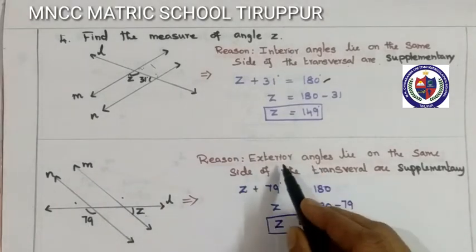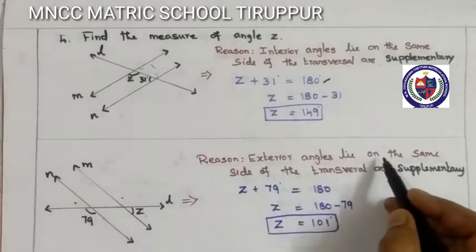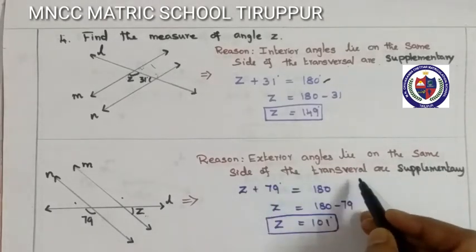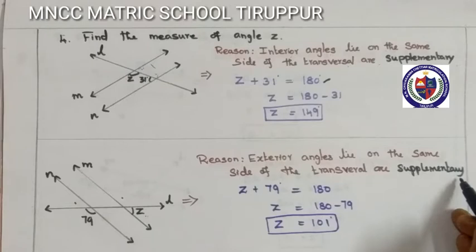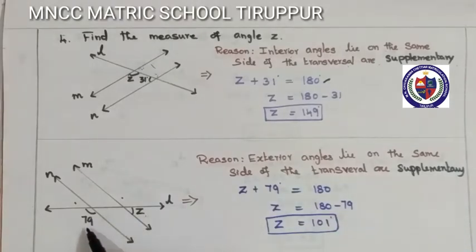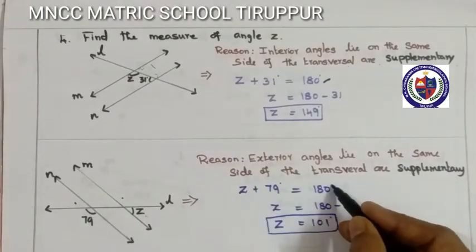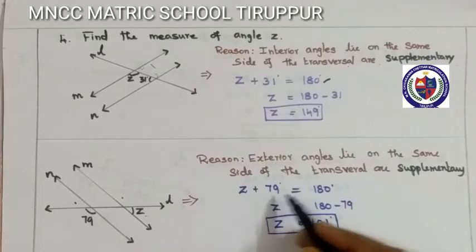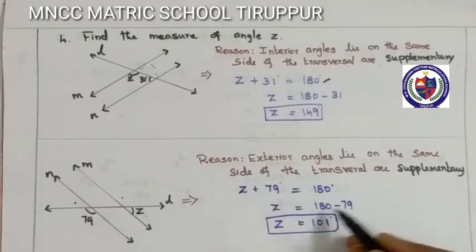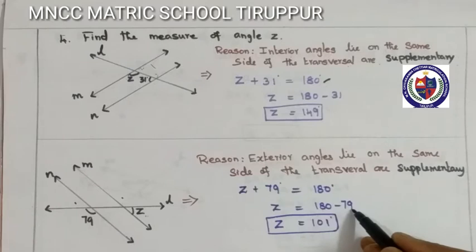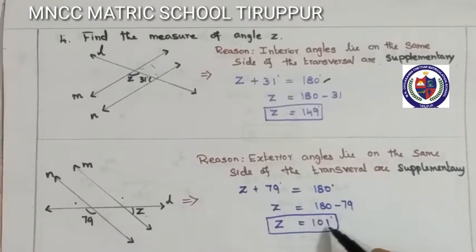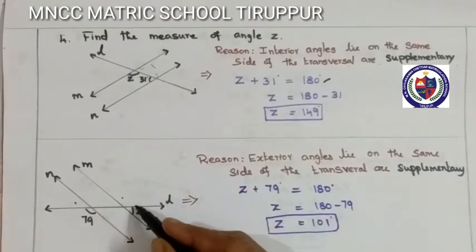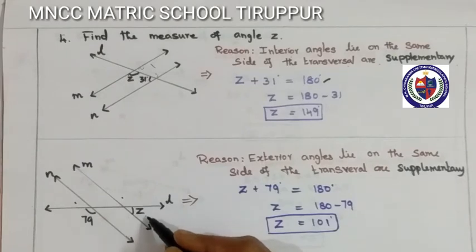Reason: exterior angles on the same side of the transversal are supplementary. So Z plus 79 equals 180 degrees. Plus 79 goes to the other side as minus. So 180 minus 79, we get 101. So this angle is 101.